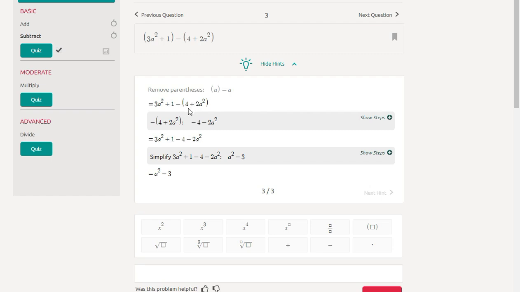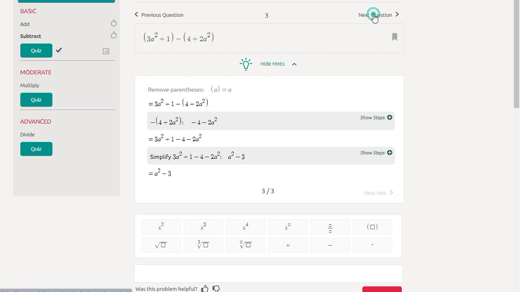If the sign over here is negative, then you have to be more careful. If it's positive, then it shouldn't be a bother. So with the negative, we multiply into the bracket, we have negative 4, and this is negative 2a squared. So we join up the two similar terms, which are a squared and a squared, we get a squared. This one, 3 minus 2, we get a. This one, 1 minus 4, we get negative 3. Okay, this ends this question.